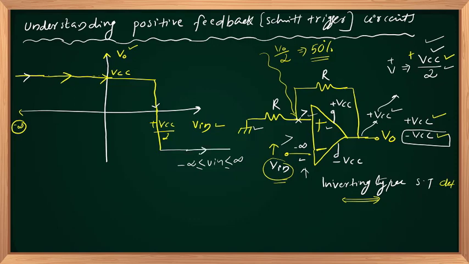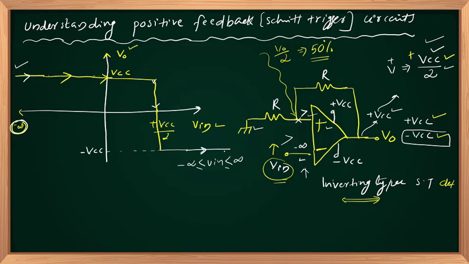Then it stays at minus VCC if I am increasing my Vin beyond positive VCC by 2 in the positive direction. So if the input is initially at minus infinity, the initial output is plus VCC, and as you vary your Vin towards positive infinity, you will have a transition from plus VCC to minus VCC at Vin equal to positive VCC by 2.